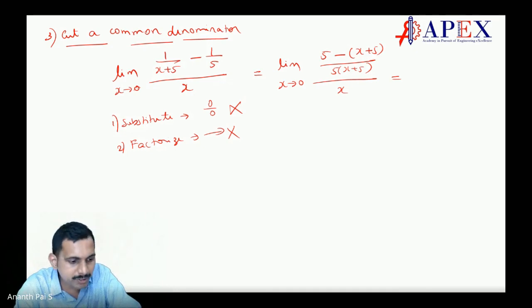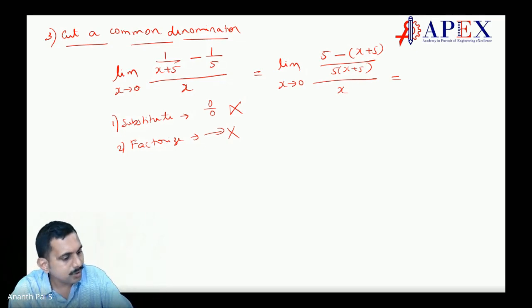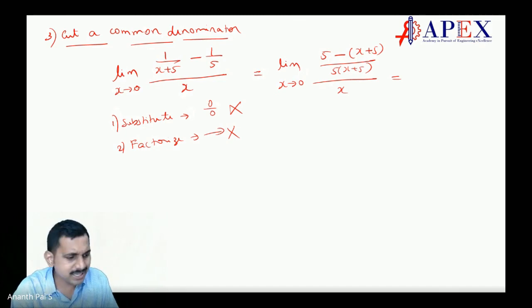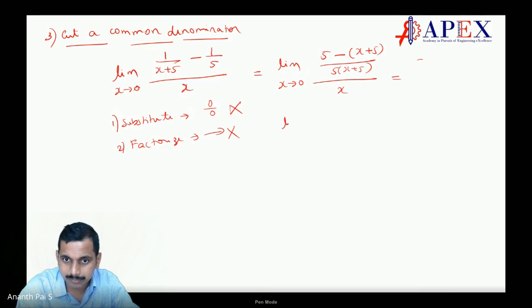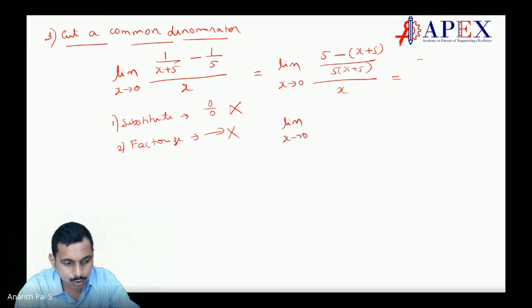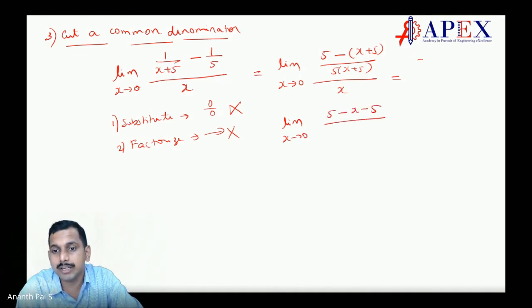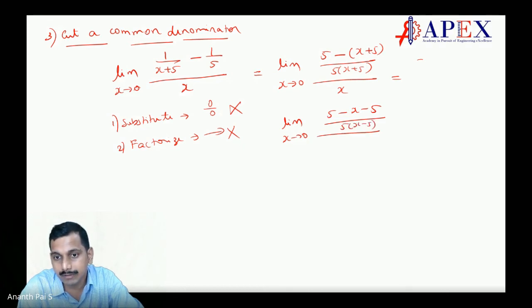And when you do this further, you will get limit x tending to 0, 5 minus x minus 5 divided by 5 into (x minus 5), divided by x. Correct? This is a big divide.